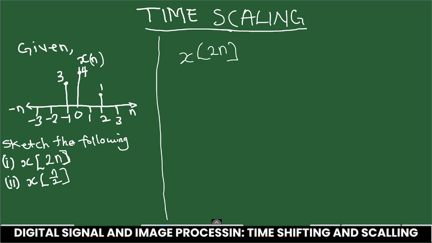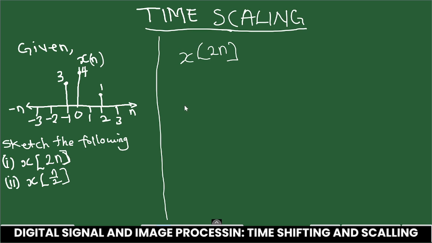When you divide, remember we are only interested in integers, not decimal numbers or fractions. When the division doesn't give you an integer, you leave that sample out. The one that gives you a whole number, that is the sample you will maintain. Is that okay?